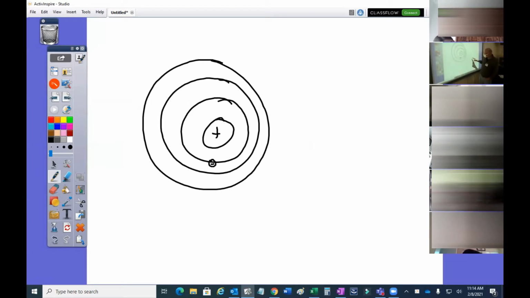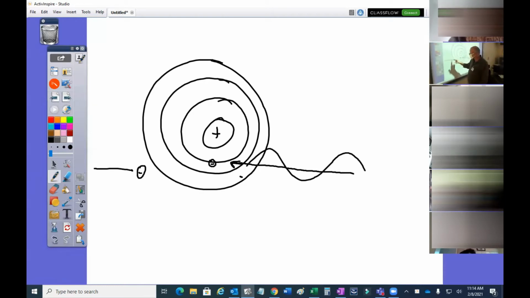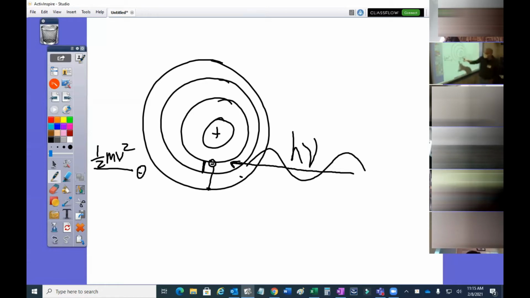If something were to hit this atom, whether it be light or another electron, and the amount of energy, h nu, or the amount of energy here, 1/2 mv squared, this is particle energy, this is wave energy, if the amount of energy was exactly equal to that jump in energy there, or this jump in energy here, then the electron would absorb it and jump to the next level and become excited.